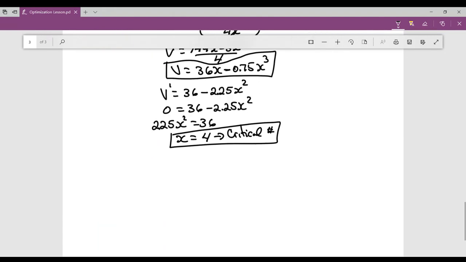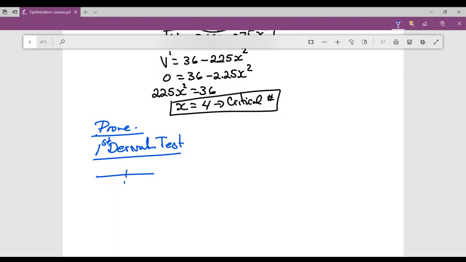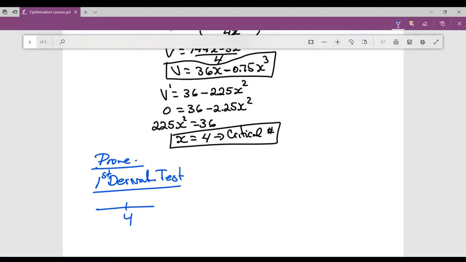Again, we now need to prove it. I will ask you to prove it on your assignment. You can use the first derivative test and mark the critical number x equals 4. Pick a number that's smaller than 4.